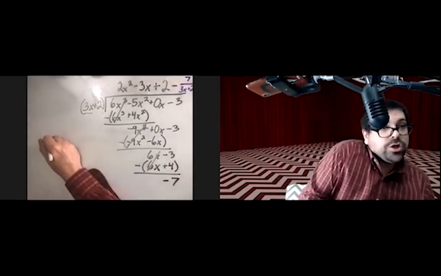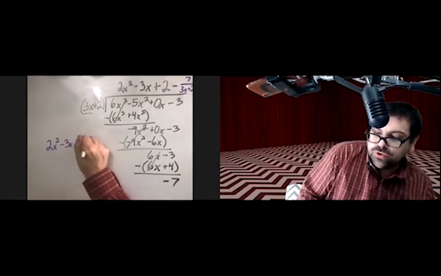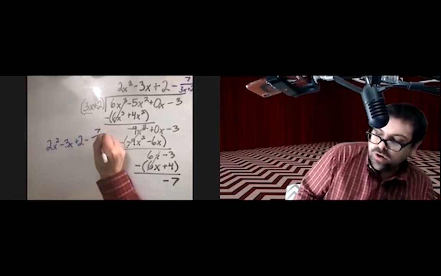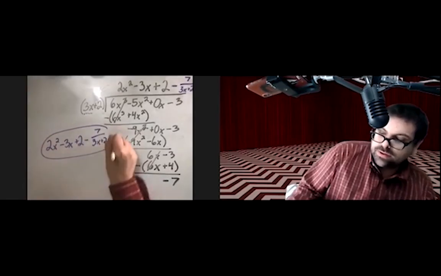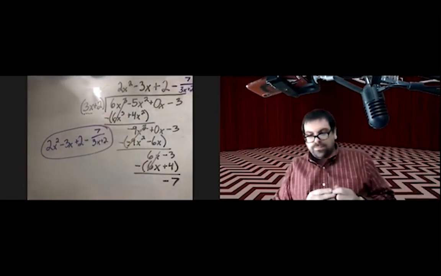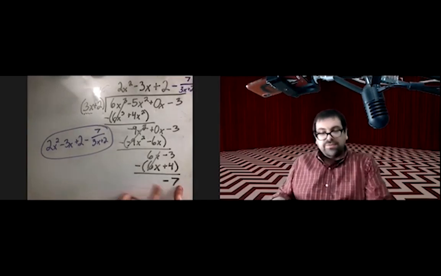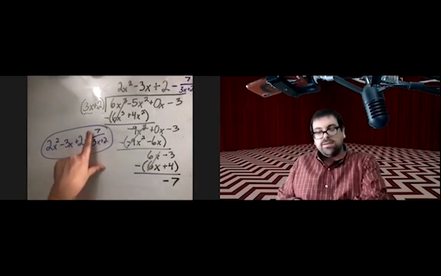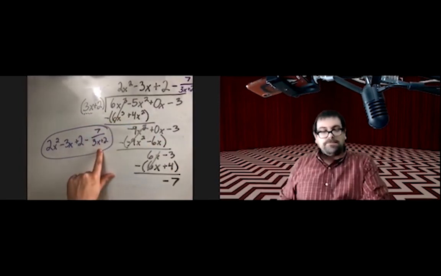So that's the answer: 2x squared minus 3x plus 2 minus 7 over 3x plus 2. The remainder of negative 7 becomes minus 7 over whatever we were dividing by.